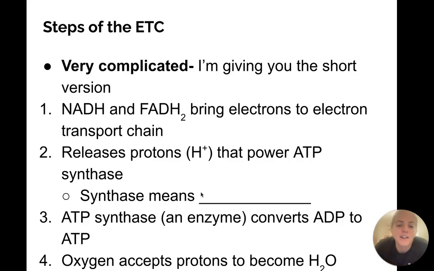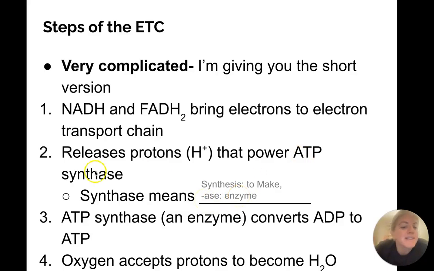So NADH and FADH2, those are our high energy electron carriers, and they're going to bring the electrons to the chain. When they drop the electrons off, this releases protons, which are H+ ions, hydrogen ions, that power an enzyme called ATP synthase. The root word synthesis means to make, and the root word at the end, ase, means we're looking at an enzyme.